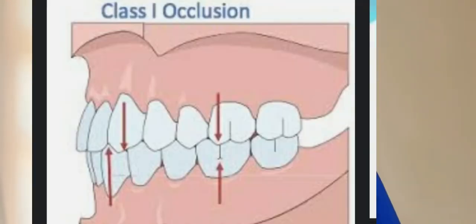Okay, so with Dr. Angle's classification, basically, a class 1 occlusion is when the mesiobuccal cusp of our first permanent maxillary molar occludes in the buccal groove of our first permanent mandibular molar.